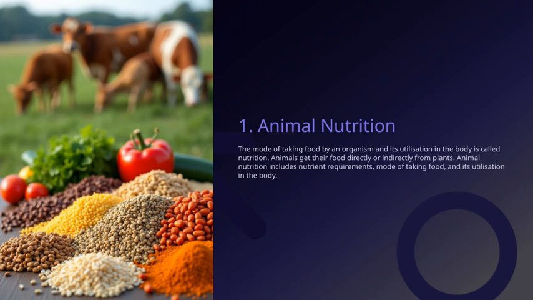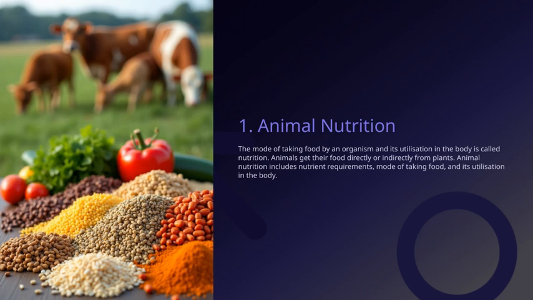Animal nutrition covers several key aspects. First, it involves understanding the nutrient requirements, what nutrients animals need to stay healthy. Second, it includes the modes of taking in food, how animals eat, whether through grazing, hunting, or scavenging. And finally, it looks at how these nutrients are utilized inside the body, supporting growth, energy, and overall health.